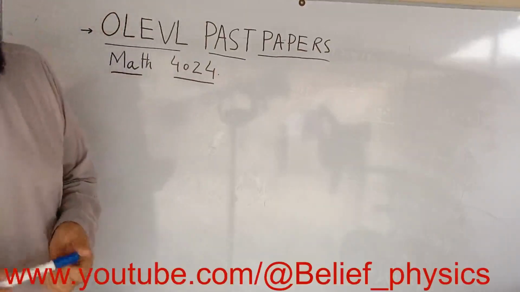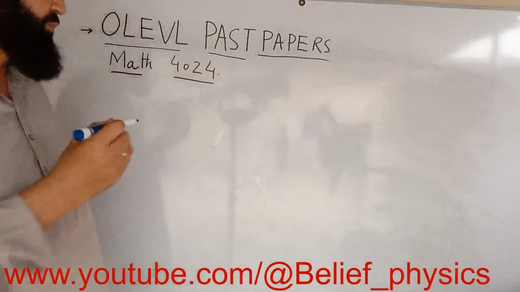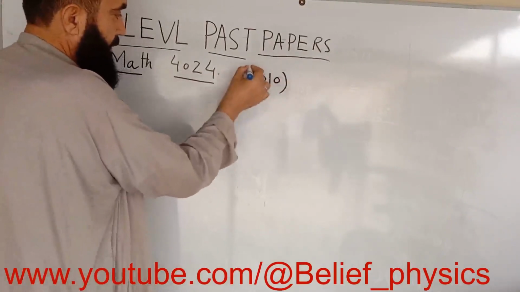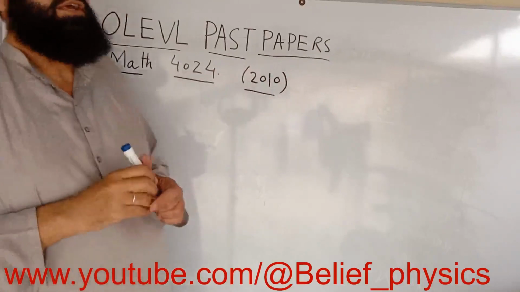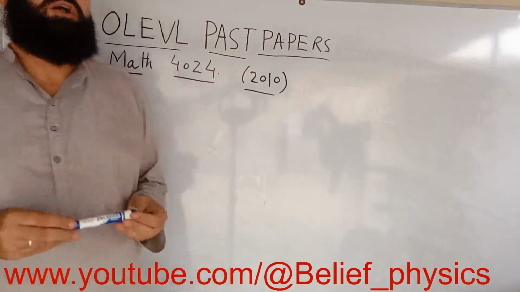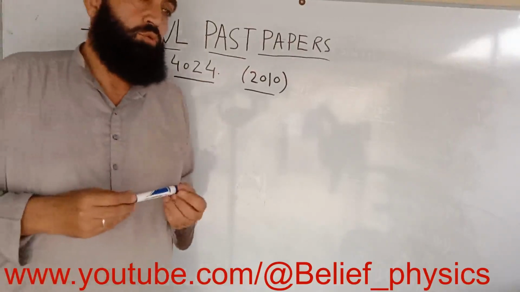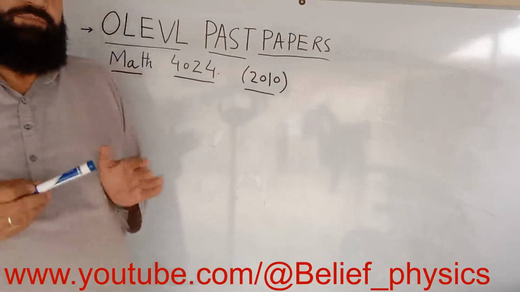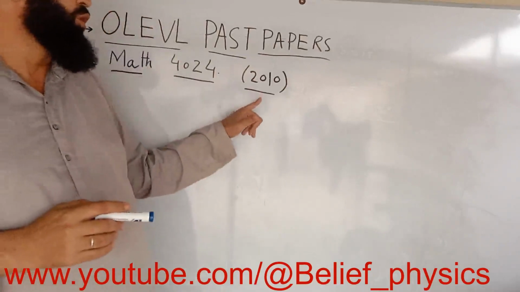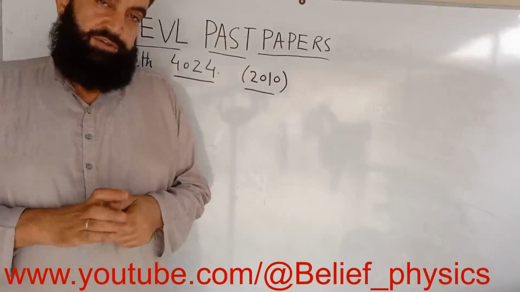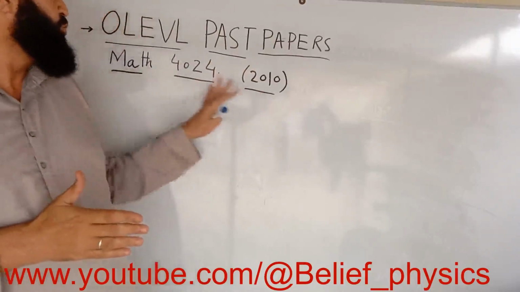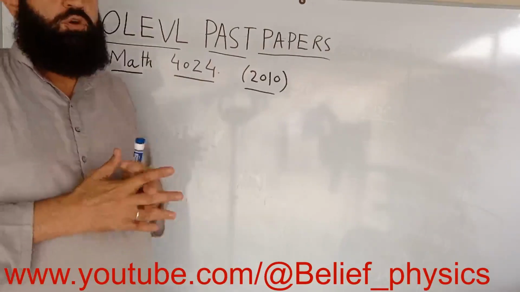Today we will solve paper 1 from May-June 2010, and gradually we will move on to the past papers of 2023. It means we will solve all the papers from 2010 to 2023. So let's start paper 1 of 2010 May-June Math 4024 today.